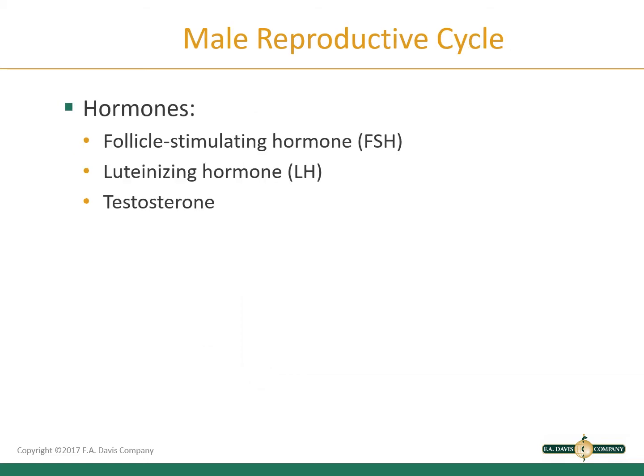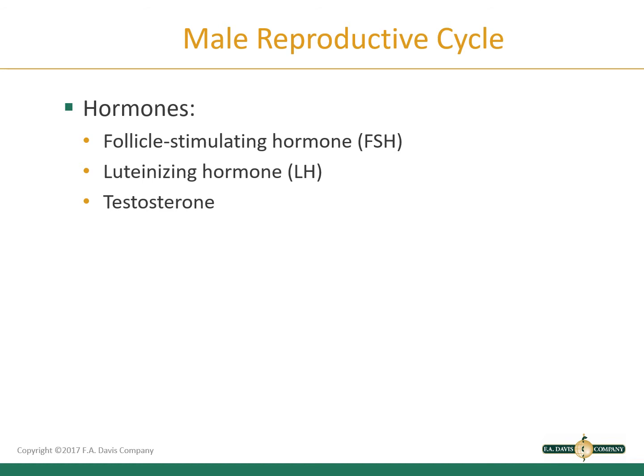The entire male reproductive system is dependent on hormones, which are chemicals that stimulate or regulate the activity of cells or organs. The primary hormones involved in the functioning of the male reproductive system are the follicle-stimulating hormone, FSH, luteinizing hormone, LH, and testosterone.